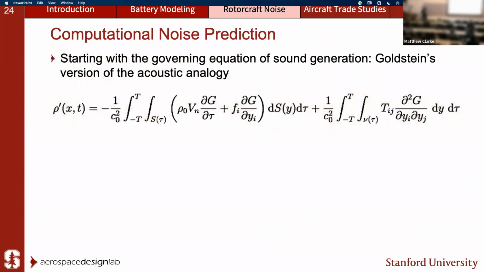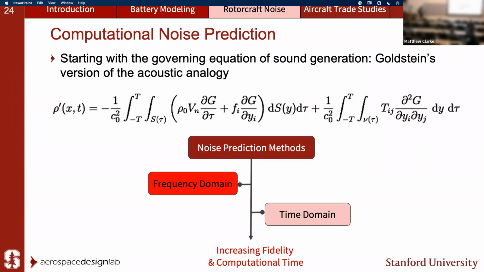Modeling acoustics typically comes in the form of this equation. This is a governing equation by Goldstein. And to model the equation to capture the pressure distribution and fluctuations, it's typically done in two ways. The first way is a frequency domain method, where you use a series of Fourier transforms, Bessel functions to convert this equation from x of t to x of omega, which is in the frequency domain.